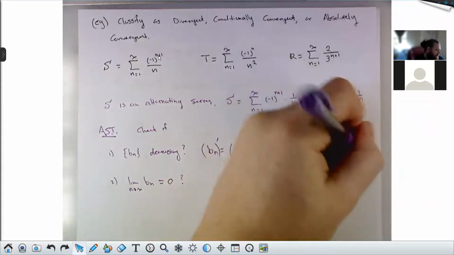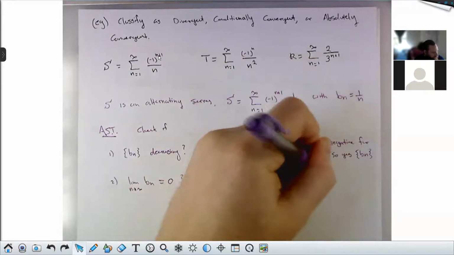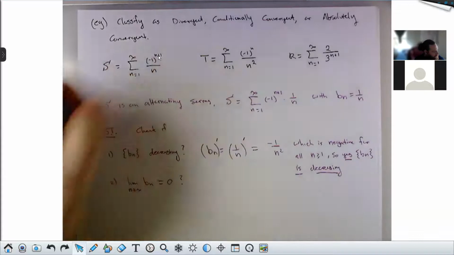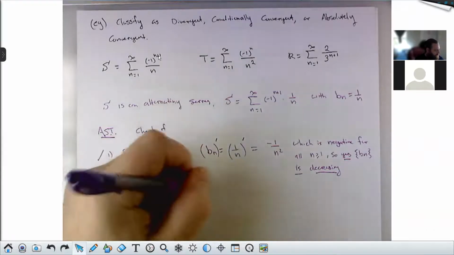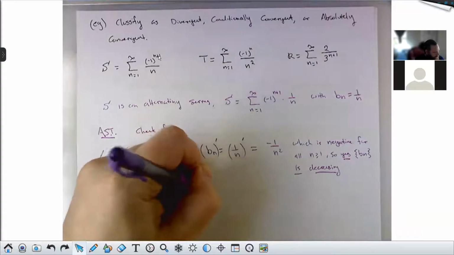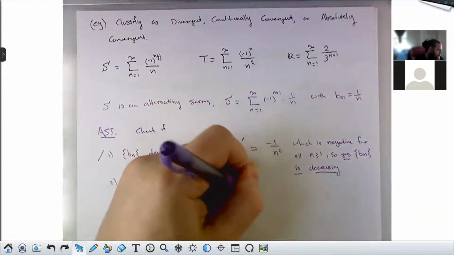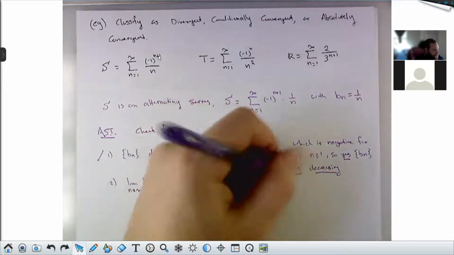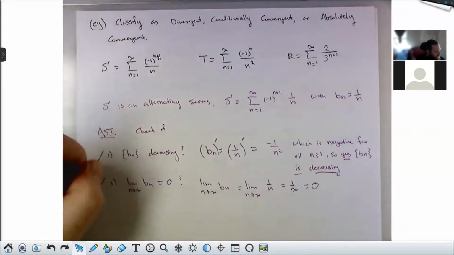So yes, the sequence Bn is decreasing. And then the limit as n goes to infinity of Bn is the limit as n goes to infinity of 1 over n, which is 1 over infinity, which is 0. So yep, that's a check here as well.